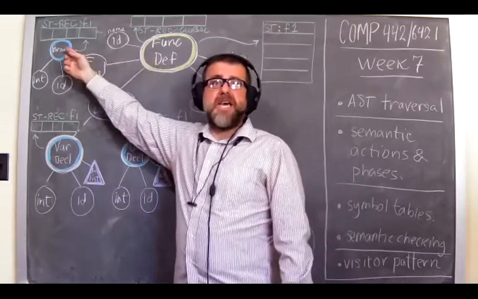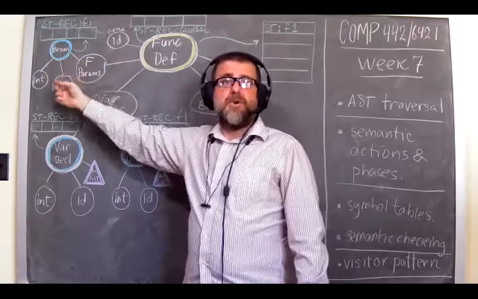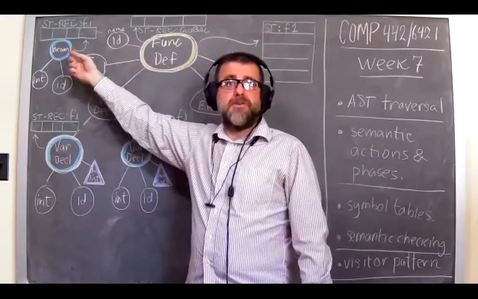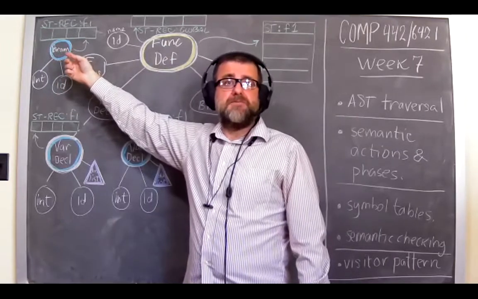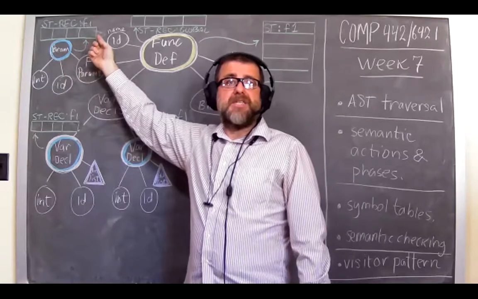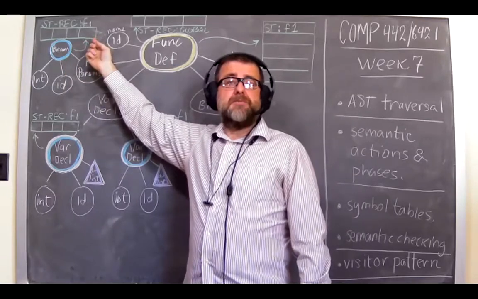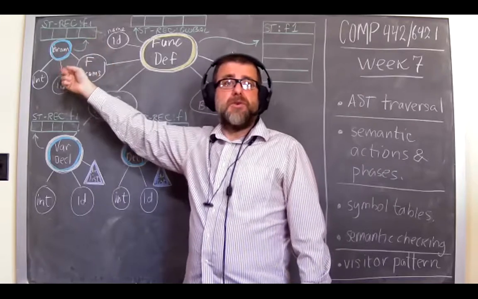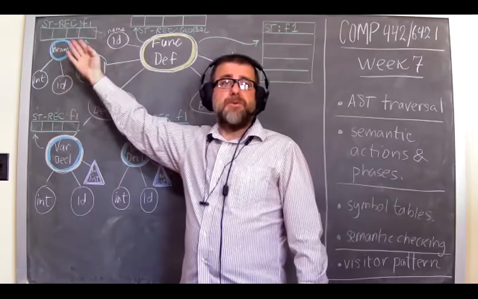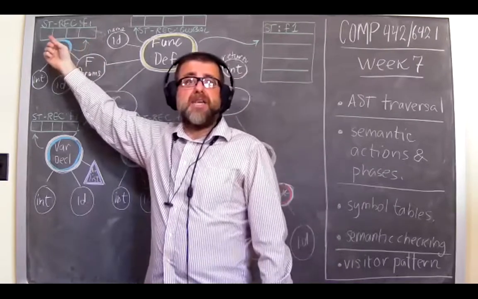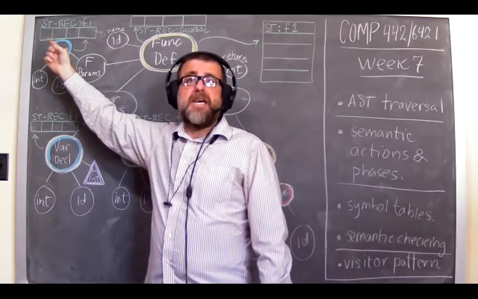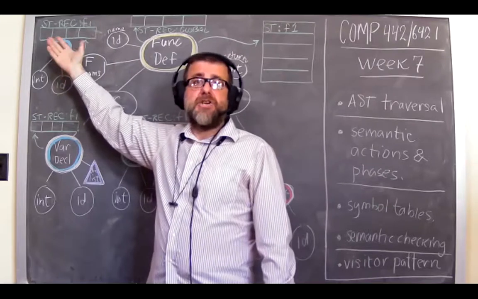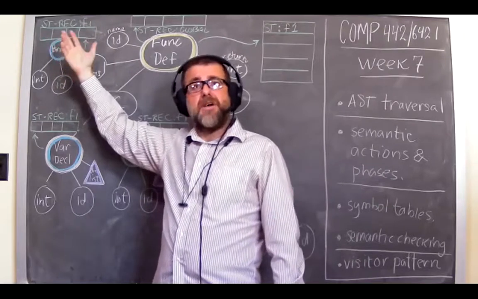So as you process this parameter subtree, you must somehow assemble a symbol table record as you traverse this tree here. For example, to store that there's a variable here, its name, and its type is int, and then potentially it has a list of dimensions.